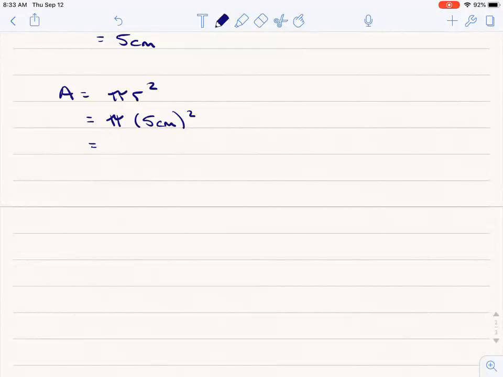So 5 squared. Did you guys find the squared button? It's just x to the power of 2, kind of easier. 25. So you've got 25 times pi centimeters squared.